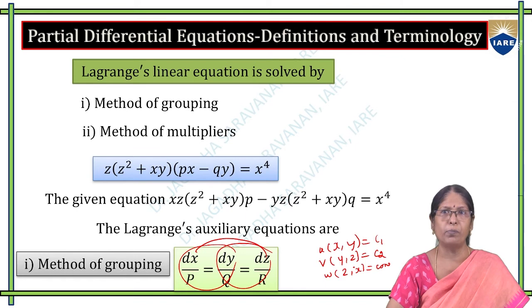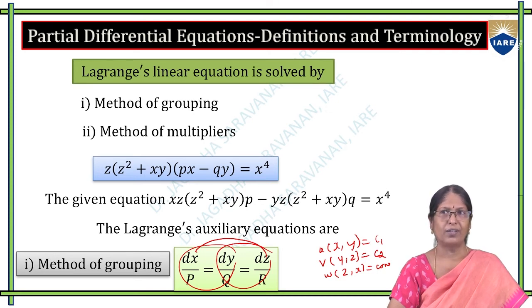Any of 1, 2 or 2, 3 or 3, 1 we can take, find solutions, from which we get the general solution.